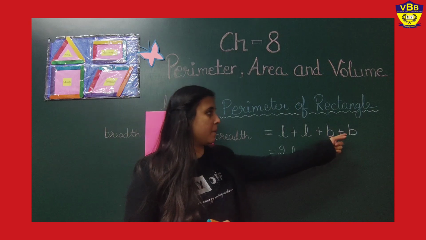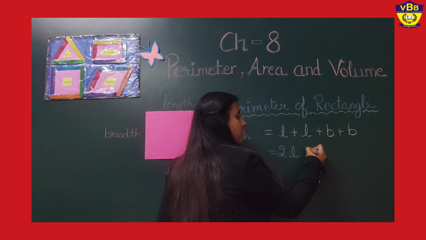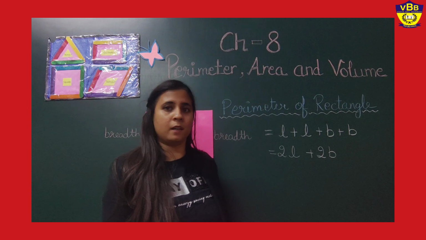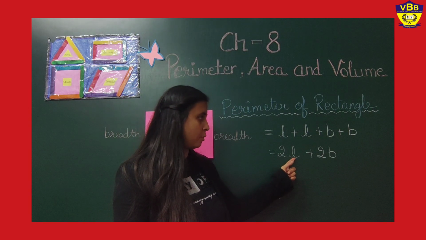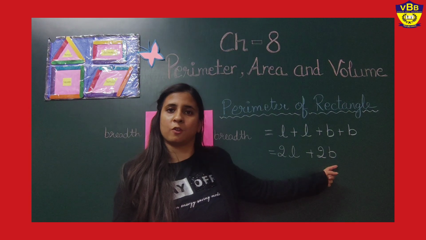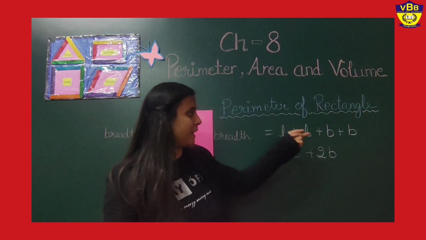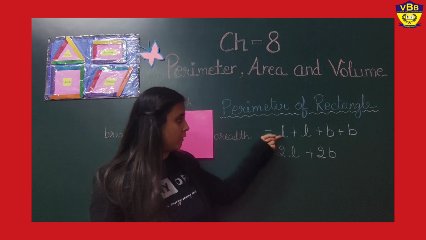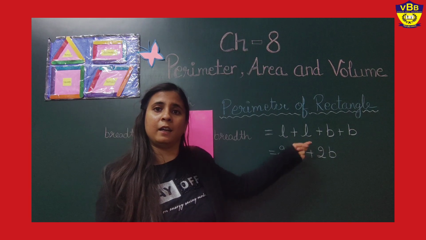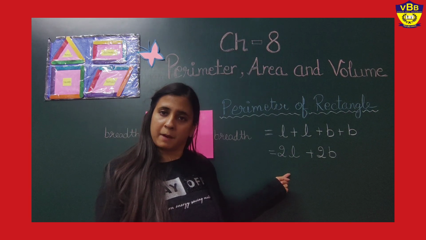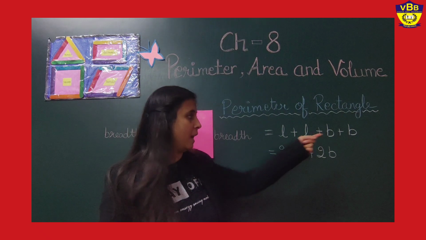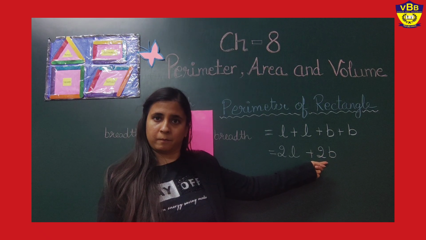And the same, B plus B as 2B. So 2 times length and 2 times breadth. We know that repeated addition means multiplication. If the same figure is being added 2 times, we can multiply it by 2. That is how I got 2L and 2B.